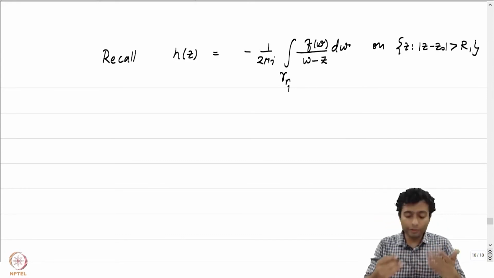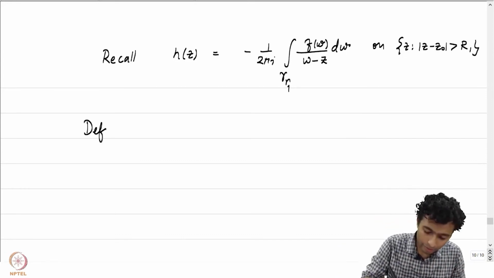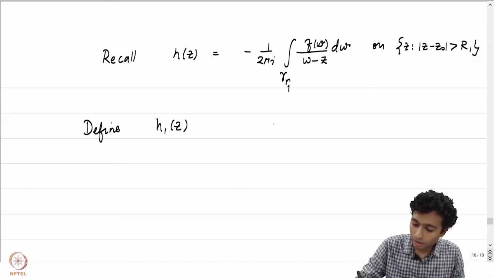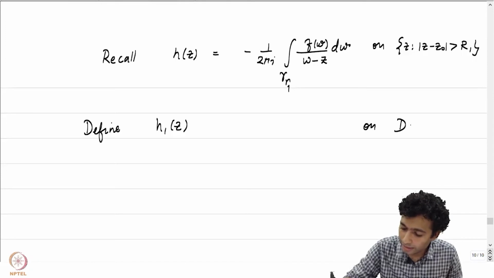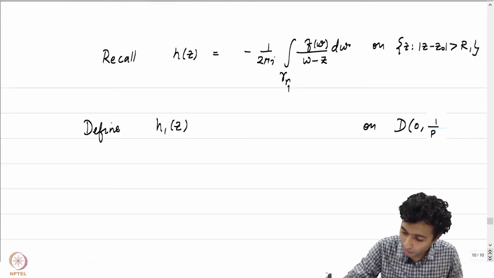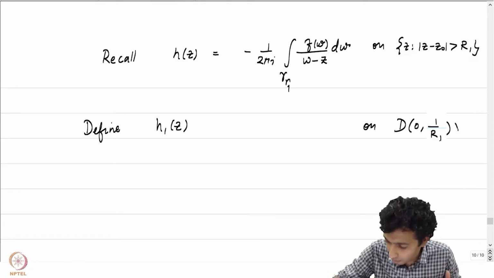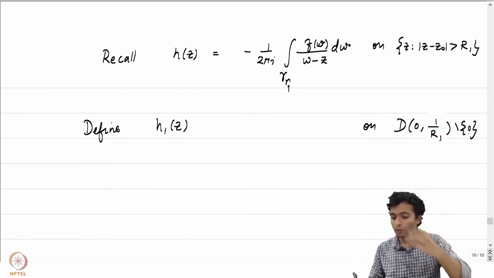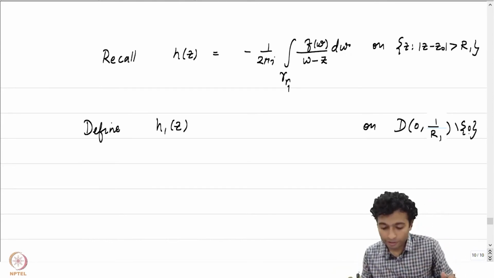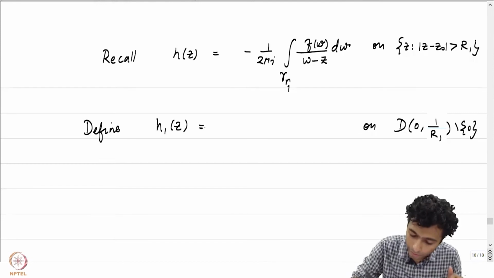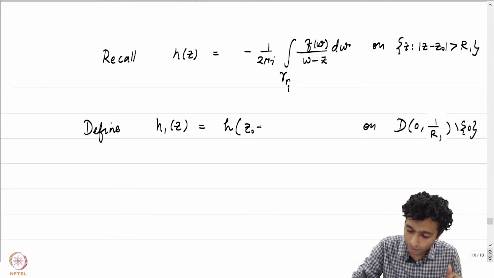Let's now define a new function. Define h1 of z on the punctured disk of radius 1 by r1 around 0. And what is the function that we will be defining? This is going to be equal to h of z0 plus 1 by z.